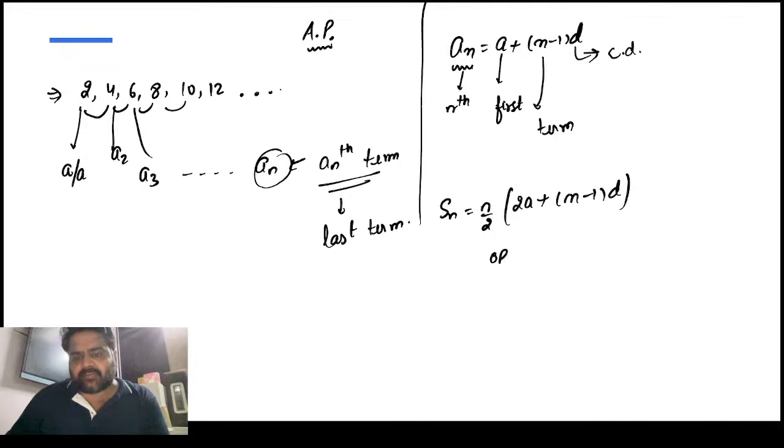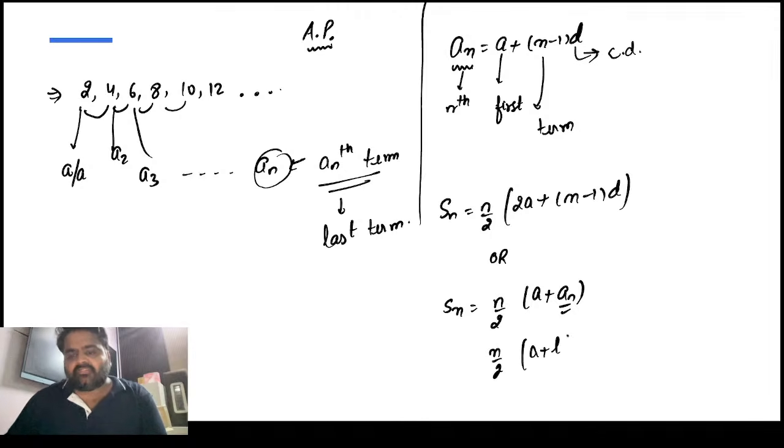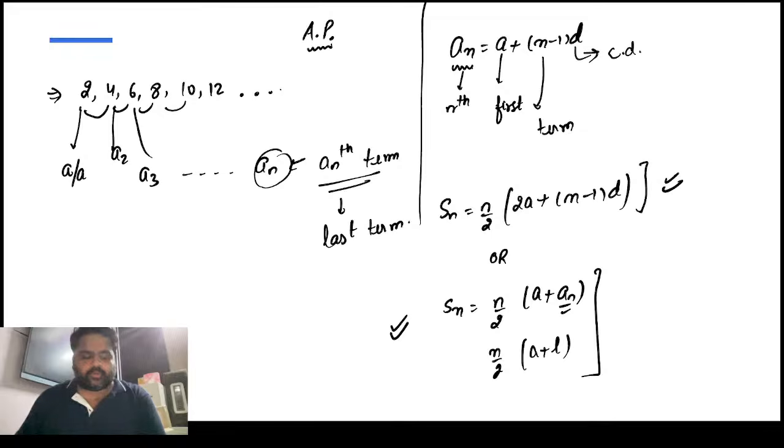And there is one more formula when the last term is given to you: Sn is equal to n by 2 into a plus an, or you may write a plus l. When the last term is given we use this formula, and otherwise we use the previous formula. Hopefully things are clear, right?